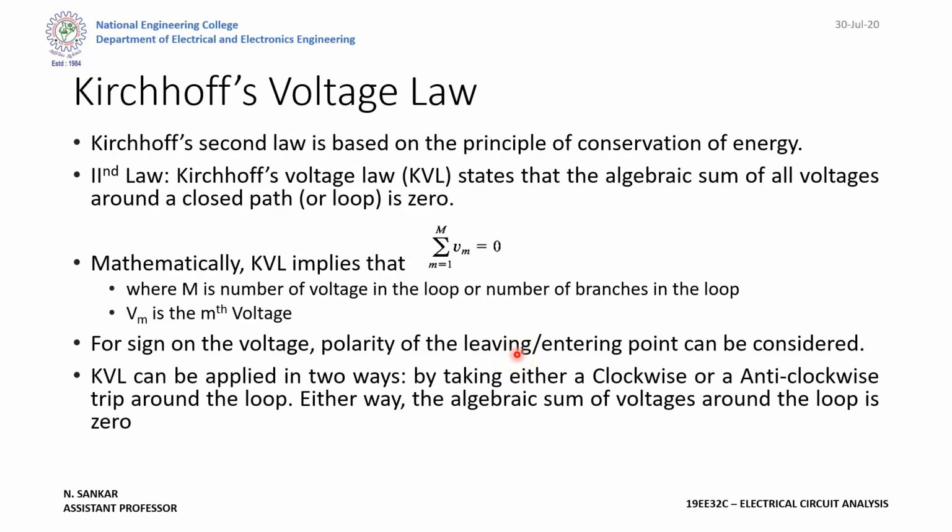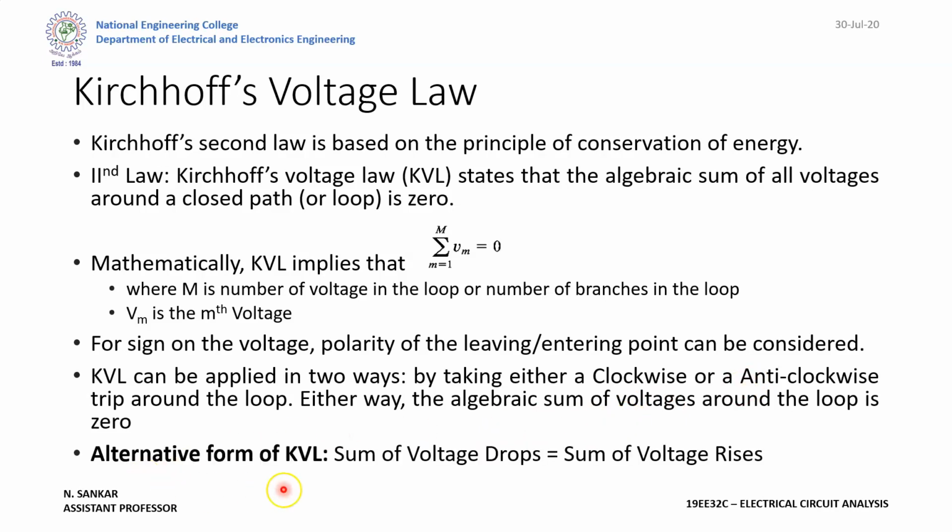We can apply Kirchhoff's voltage law with the help of the current in two ways: either by taking the current direction as clockwise or as anti-clockwise. Either way, the algebraic sum will always be equal to 0. So we can simply say the sum of voltage drops, that is negative voltage, is equal to the sum of voltage rises, that is positive voltage.